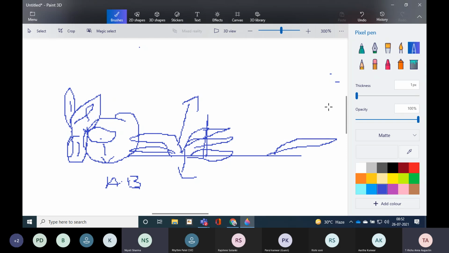Now come to page number 16. The last paragraph on page number 16, there is one paragraph given related to potato. Now what happens? Similarly, potato is also a modified stem. We talked about ginger. It is a modified stem. Now we are talking about potato. It is also a modified stem.